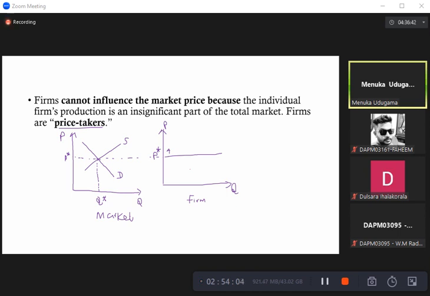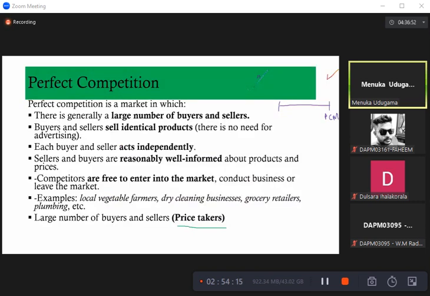This is what you would expect a market to be, but we know we don't live in perfectly competitive ideal markets. We live in less than perfect markets. So now we will look at some of those types of markets, right? The other extreme is a monopoly.